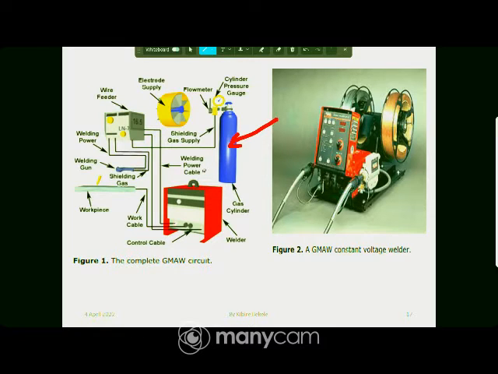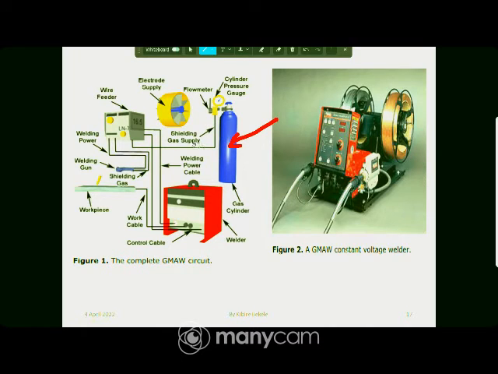Here there is a power source which uses the main electric power. This welding machine we call an AC/DC power source. There are also different cables. There is a welding power cable from the welding machine to the welding area, and the continuous flow of current is through the power cable.